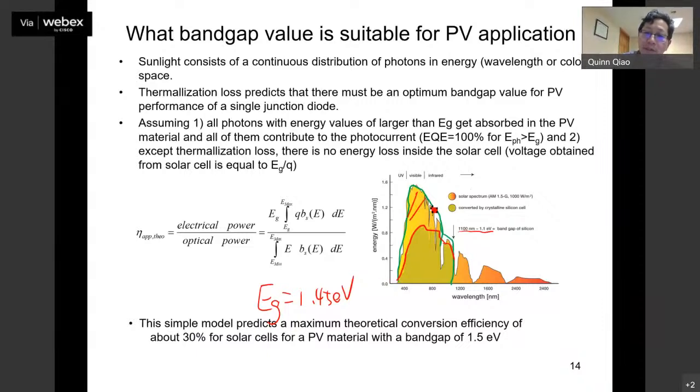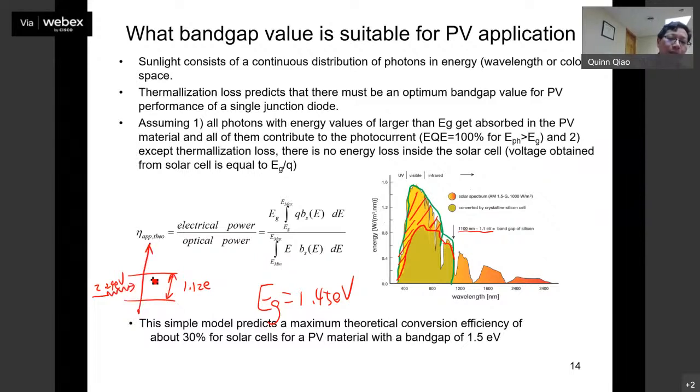See all the loss here, this one. This is called thermalization loss. Why? Think about this: your silicon has a band gap of 1.12 eV. Now a 2.24 eV photon comes in, and the electron is promoted to there, and then you see there's thermalization of the electron.